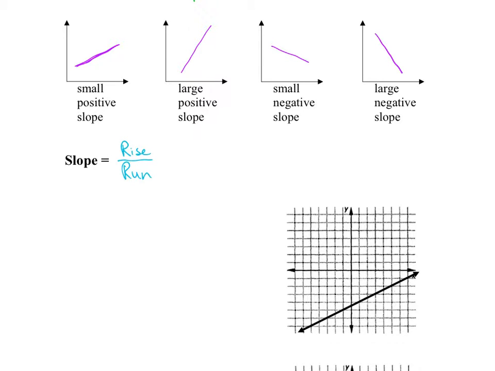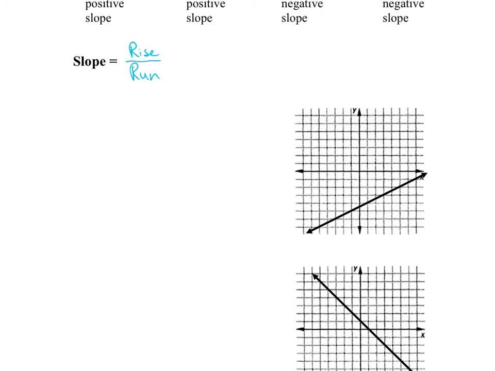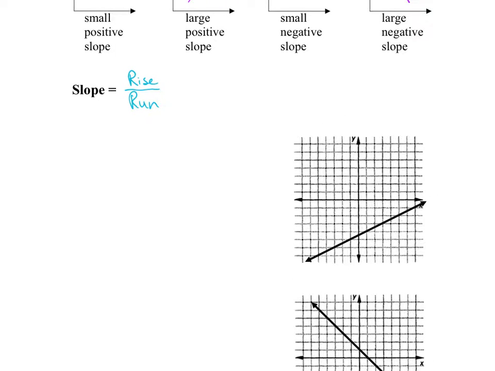So if you think about this picture here, let's just pick a point right there. How far up does it go to get to my next point? So I'll make that a different color. How far up does it need to go?